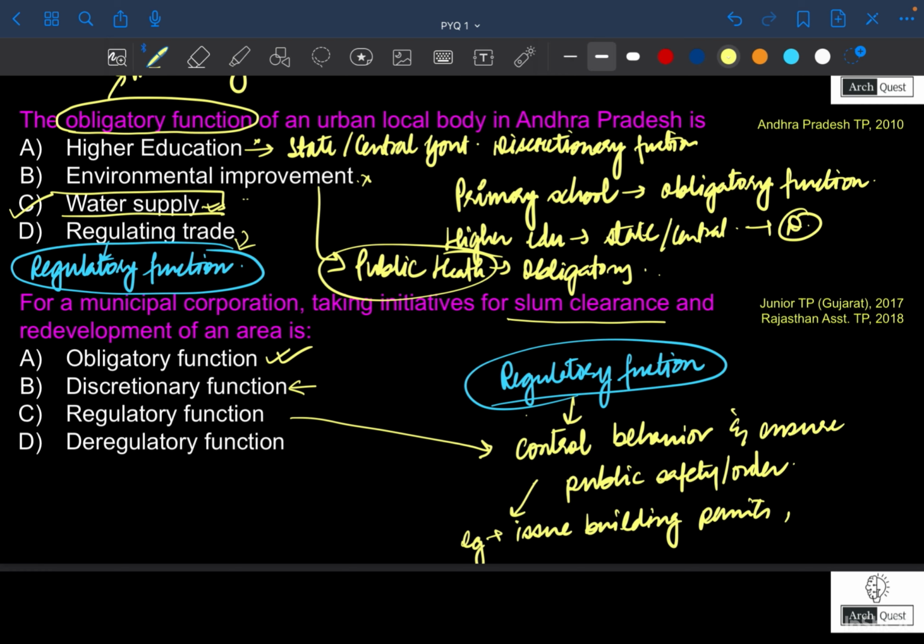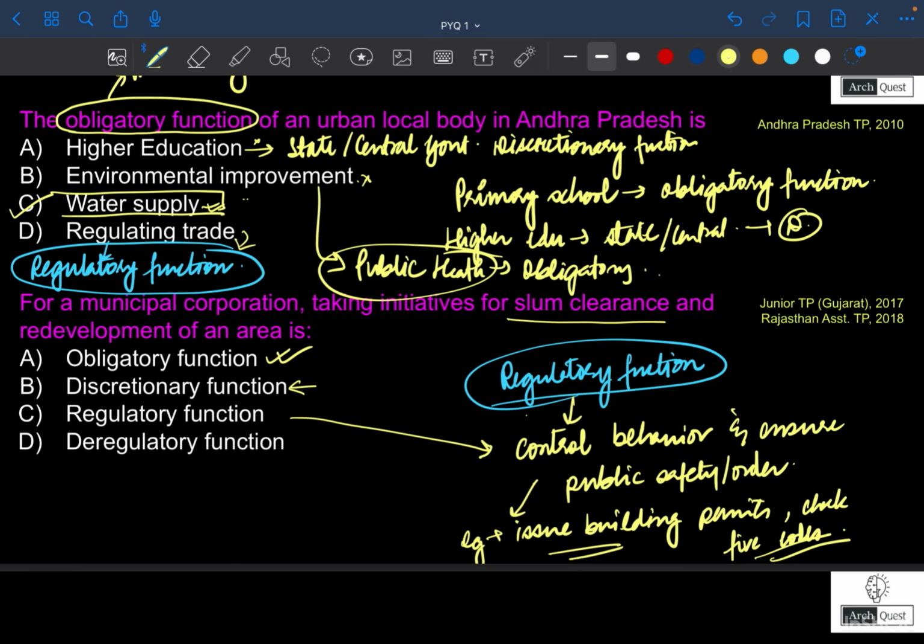Check codes if they are being applied. For example, if fire codes have been applied in the building, या फिर किसी area में. So all of these come under regulatory function.